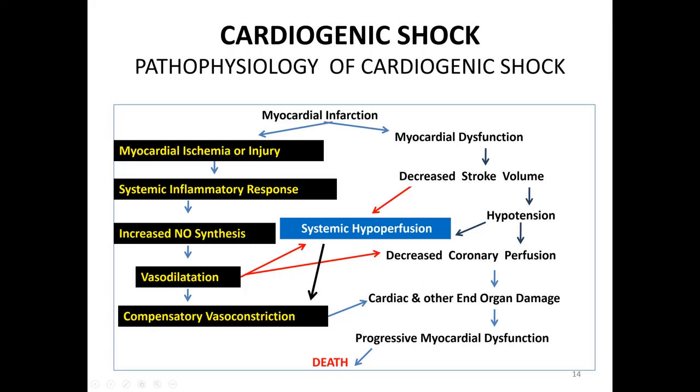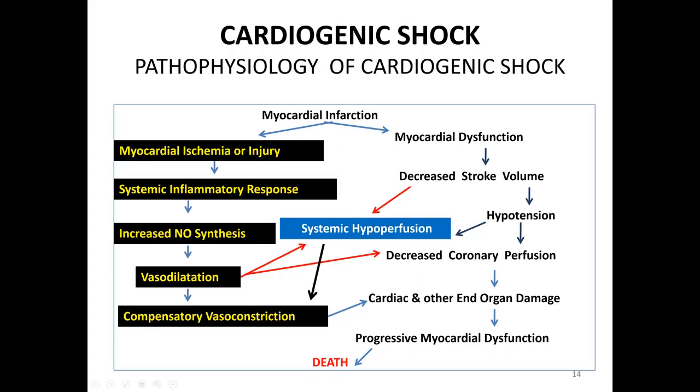On the other side, myocardial infarction leads to myocardial dysfunction, decreased stroke volume, hypotension, decreased coronary perfusion, cardiac and end organ damage, progressive myocardial dysfunction results, and there is death.